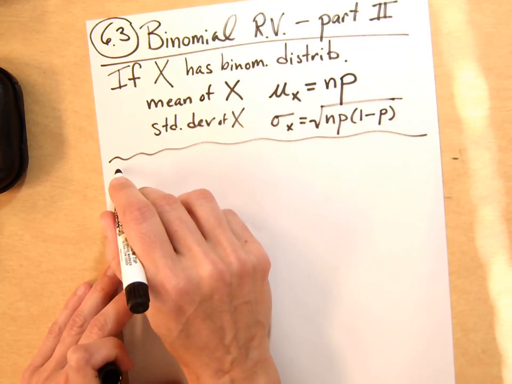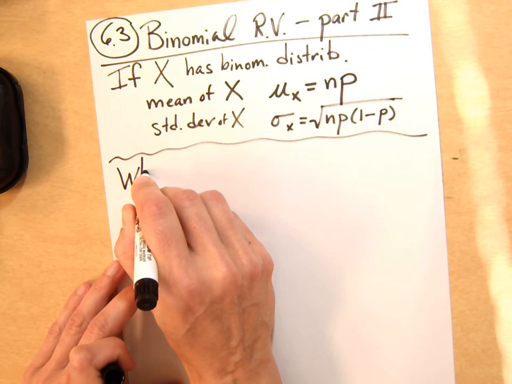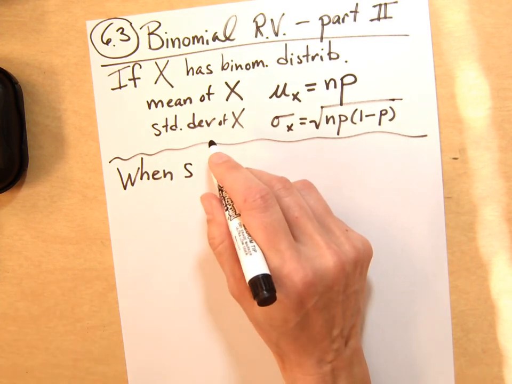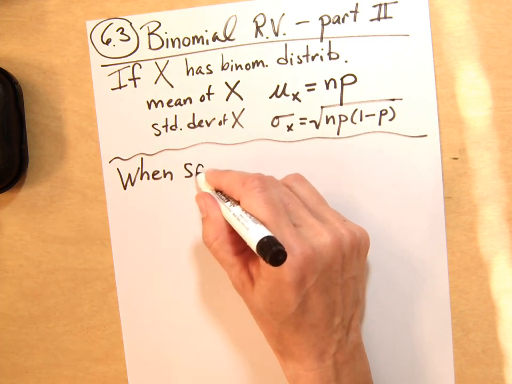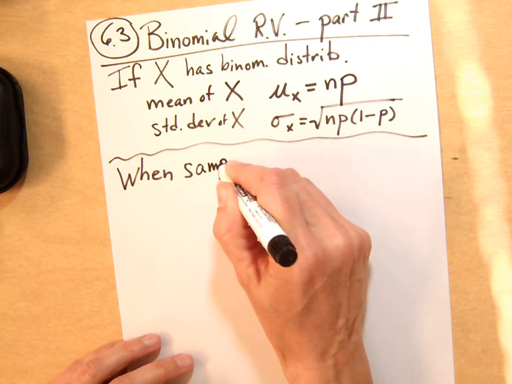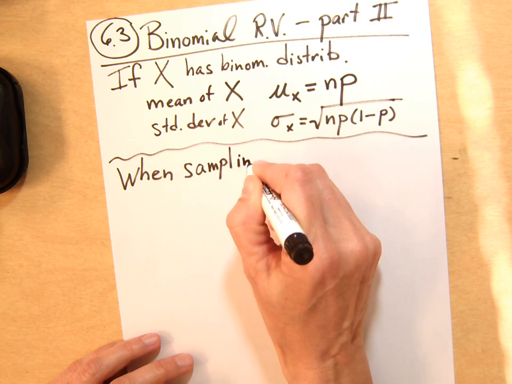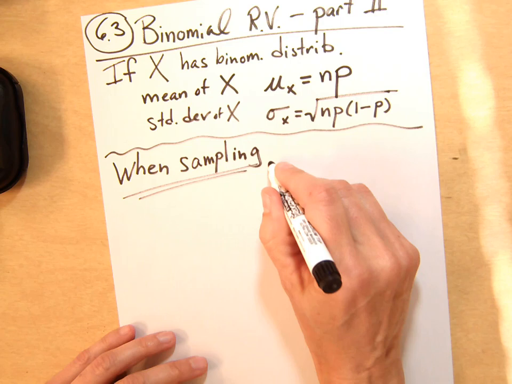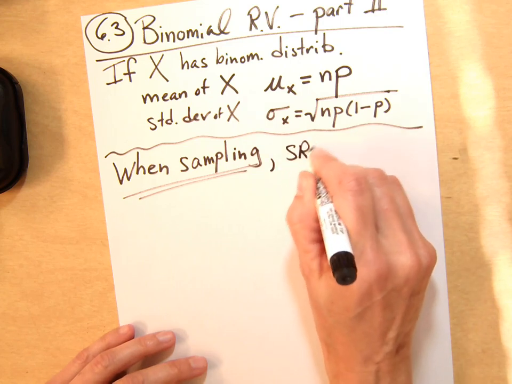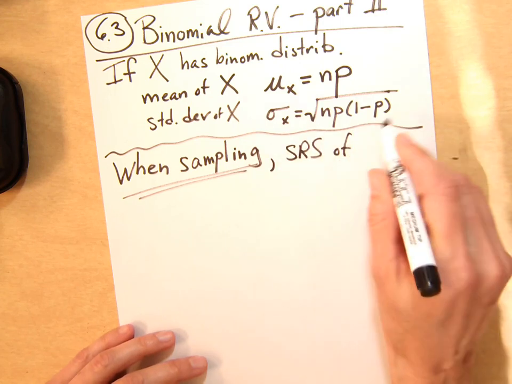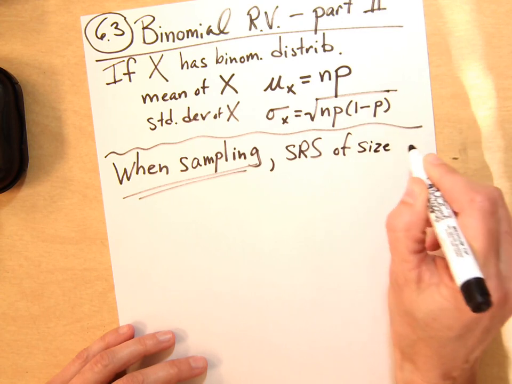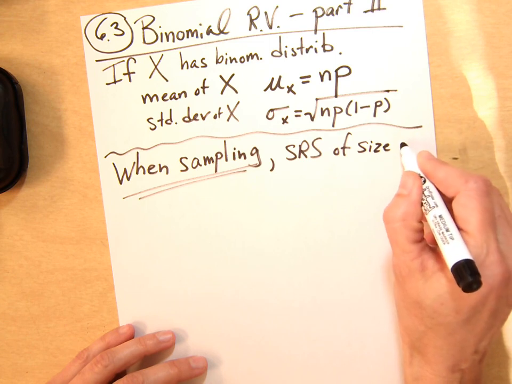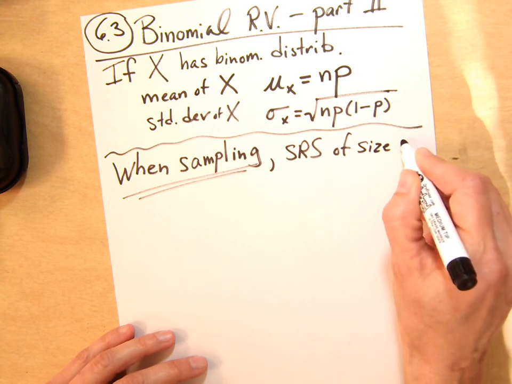And now we're going to talk about when sampling. When you're taking a sample, if you take a simple random sample of size n, it's kind of like we've been doing trials. We've been saying we're going to do n trials, but it's similar to taking a sample of size n.